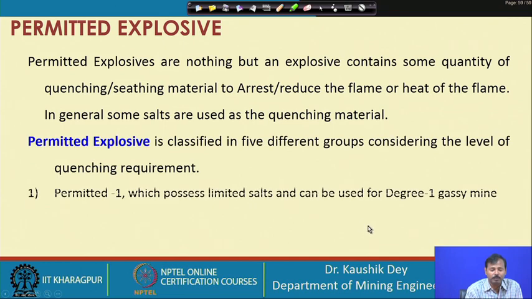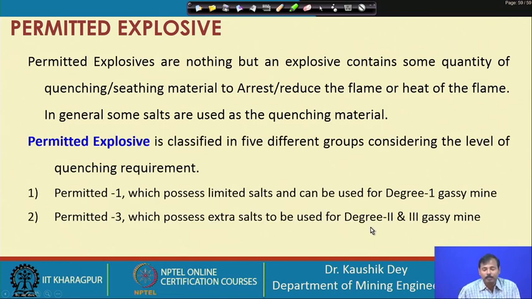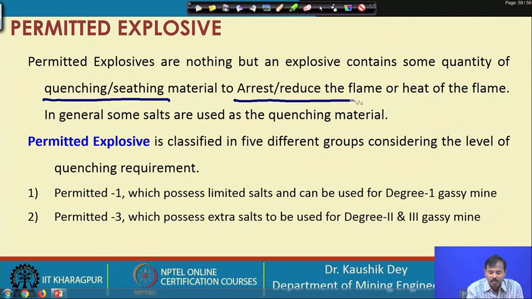A permitted explosive is basically an explosive that contains some quantity of quenching or sheathing material to arrest or reduce the flame or the heat of the flame. These sheathing or quenching materials basically quench the flame or sheath the temperature of the flame, so that flame does not arise, and that is why heat or flame will not be there.